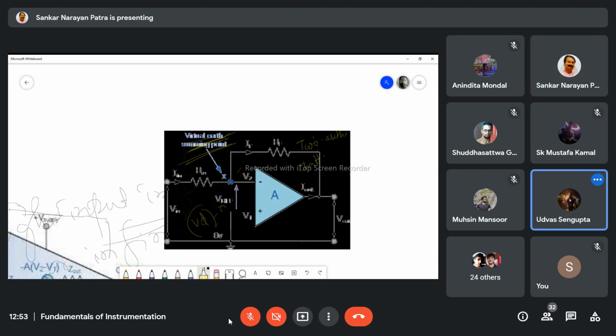Millman Halkias. Yes, you may study Millman Halkias to understand the op-amp also, or Chattopadhyay Rokhi, to understand the basic op-amp. You must study 2 or 3 pages. You can even download that part from the internet.